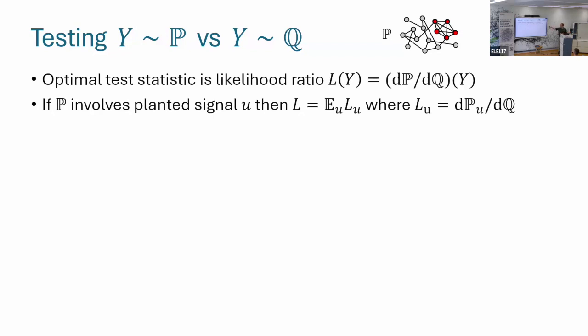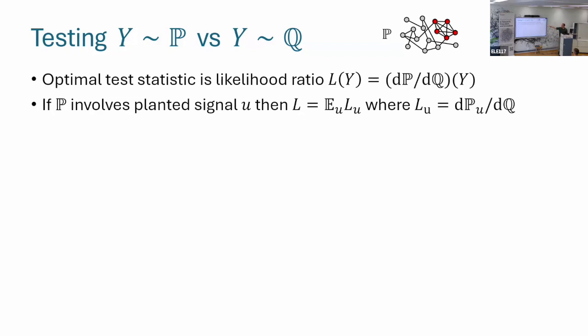So for example, here, imagine that the expectation over U means that you just pick a uniformly random choice of k vertices for the clique. And then this L sub U is this restricted likelihood ratio, right? So P sub U is the planted clique distribution for that one specific choice of where the clique is, and L sub U is the associated likelihood ratio for that.